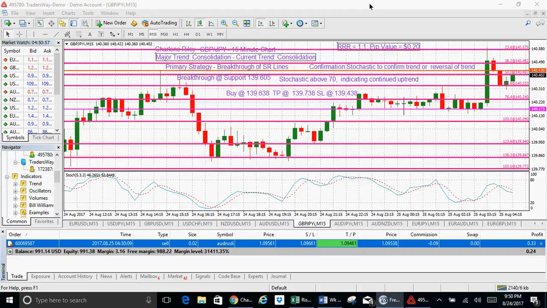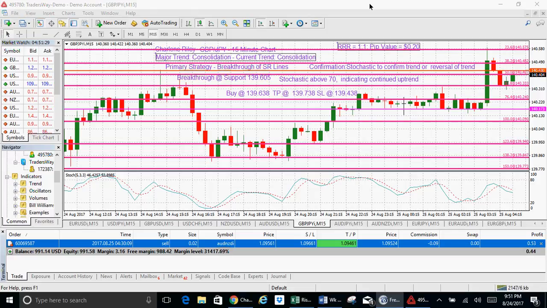So for my trade setup, I'm going to be looking for a break above the 140.430 resistance line, and the stochastic, well, actually that's the 140.407. The stochastic was above 50, and it looks like it's approaching that again.